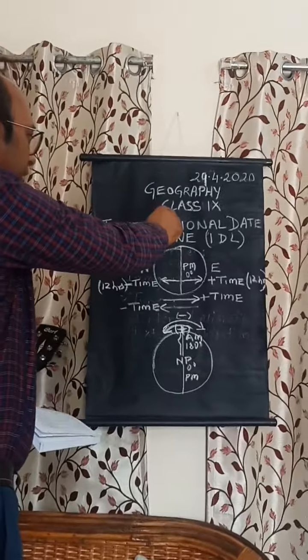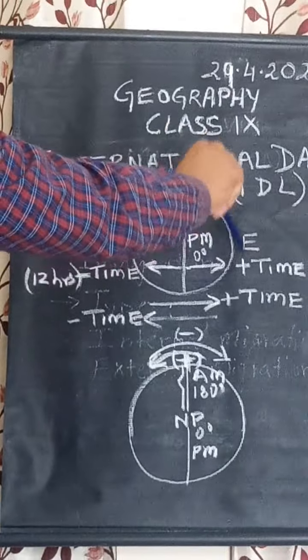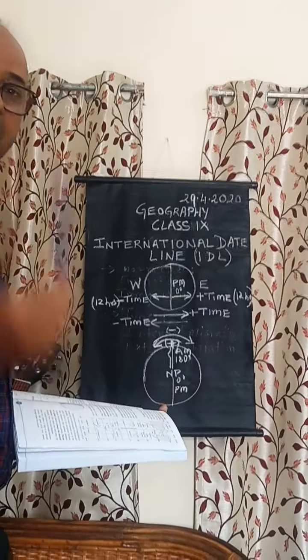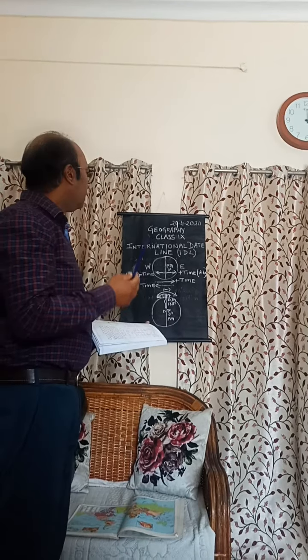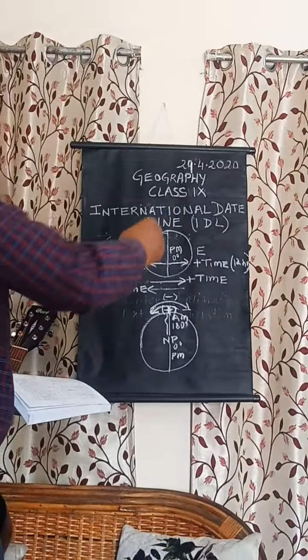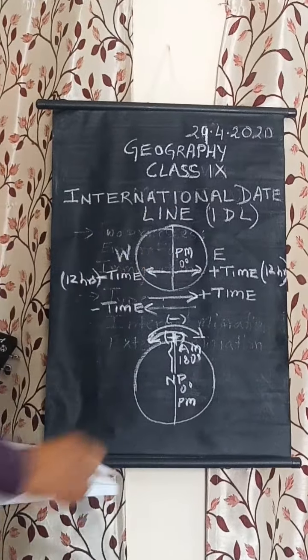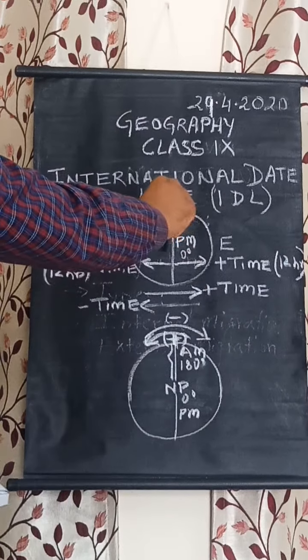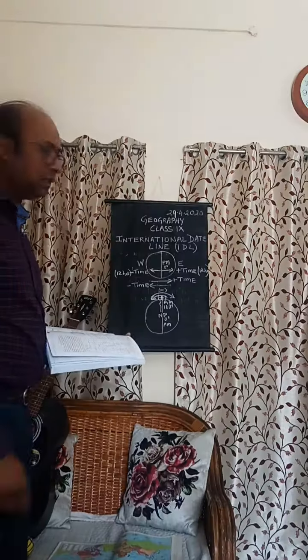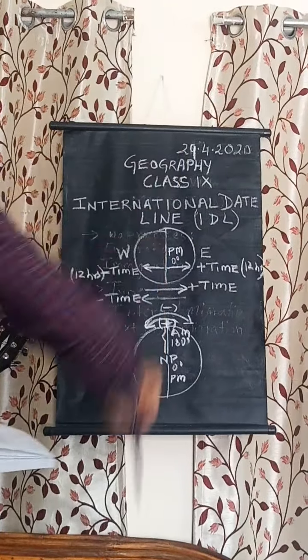And when you go eastwards and travel to the east side of the globe, you always gain time. Okay? And the other fact you should know is, from the prime meridian 0 degrees to the other side of the globe, that is the 180 degrees anti-meridian, it's 12 hours.